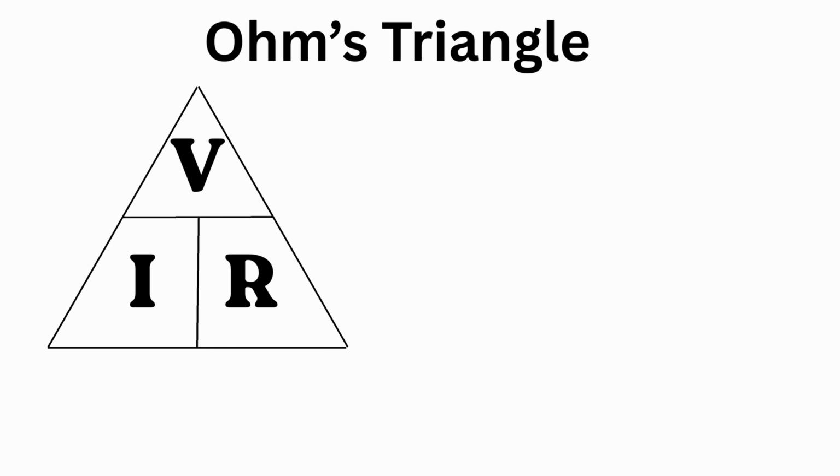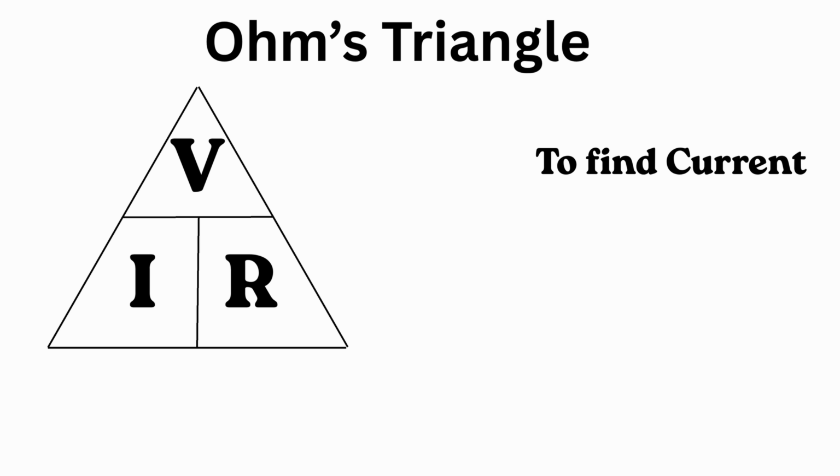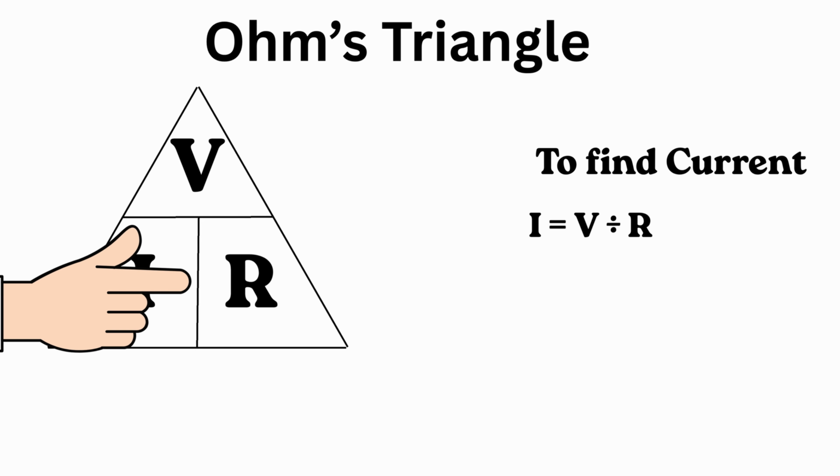We just need to remember this. To find voltage, cover the letter V and you get I multiplied by R. So voltage equals current multiplied by resistance. To find current, cover the letter I. You get V divided by R. So current equals voltage divided by resistance.